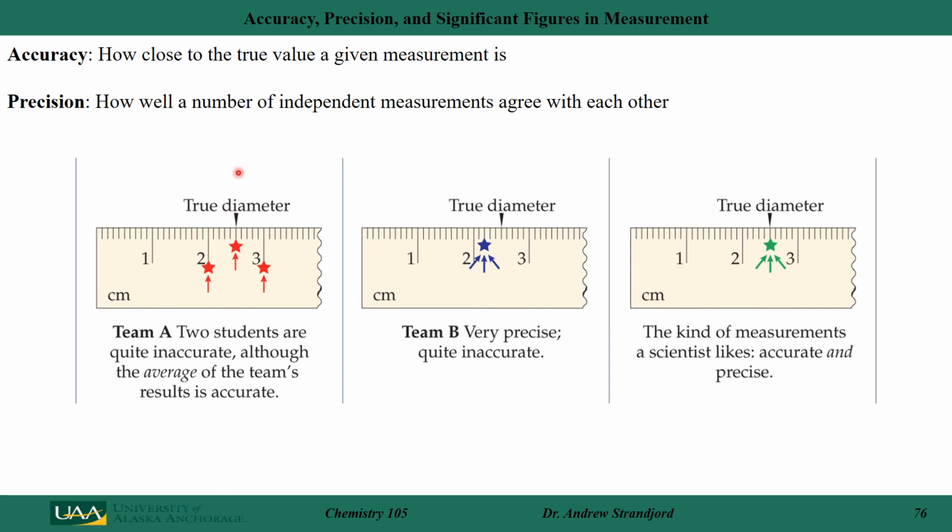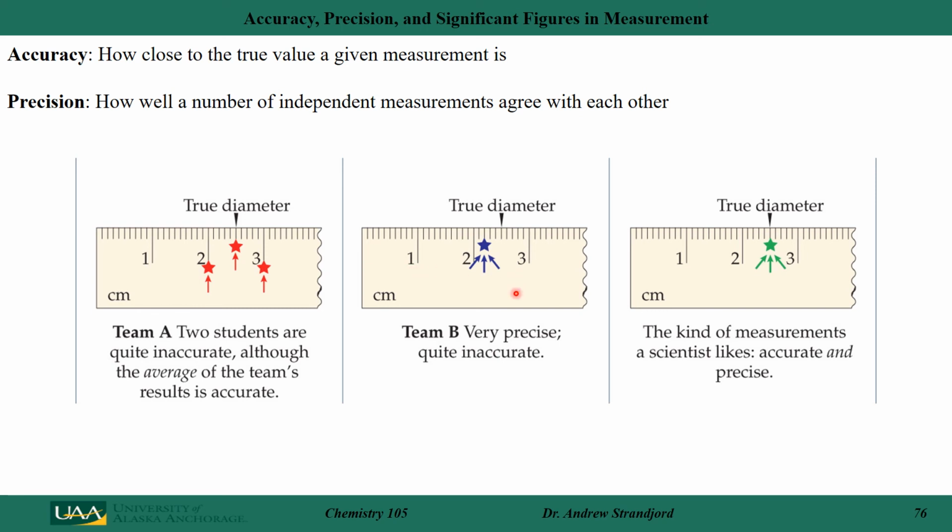Let's look at 3 examples here. I have 2 students who measured values on a ruler. One got a 2, one got a 3. So if I look at those, they're close to the actual value. This is the value it was supposed to be. So on average, their team's results are pretty accurate.